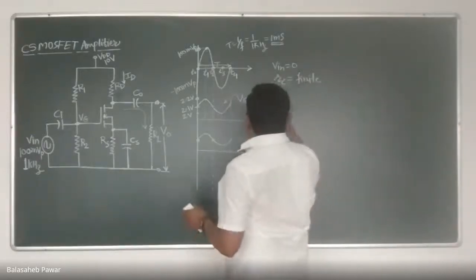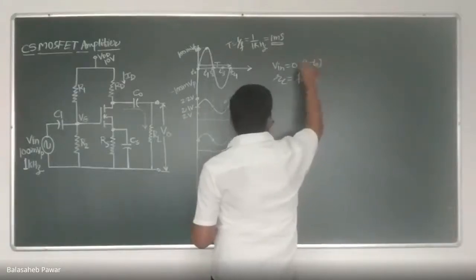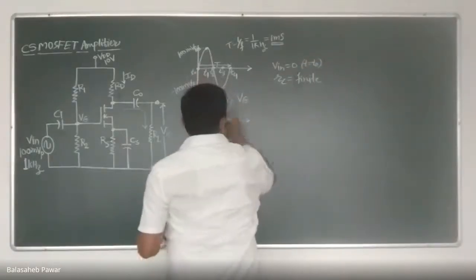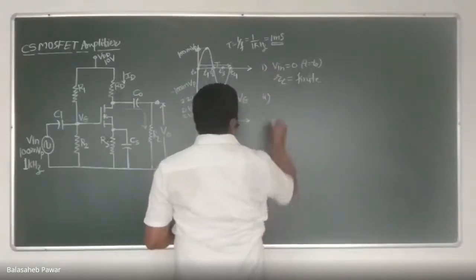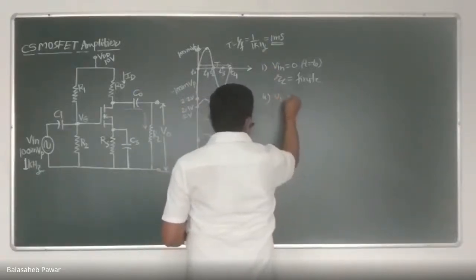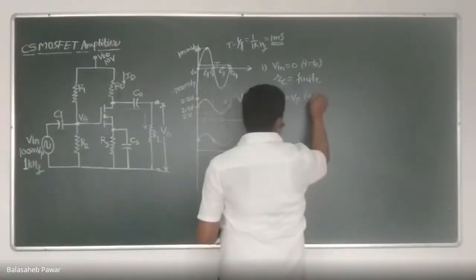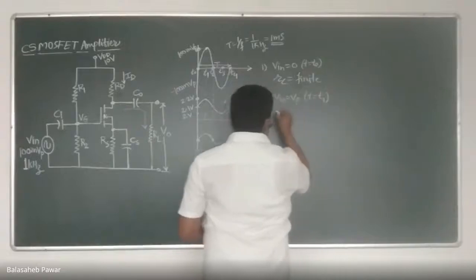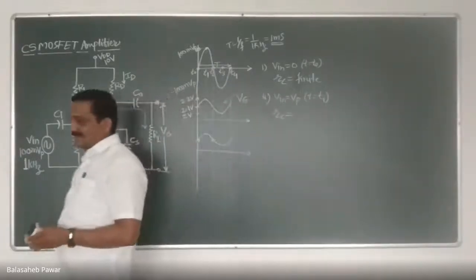Now, at t equals t0, that input is at 0 level. Now, the second condition, I will take that Vin is equal to Vp, the positive peak voltage, at t equals t1. RC will be what? What do you think?